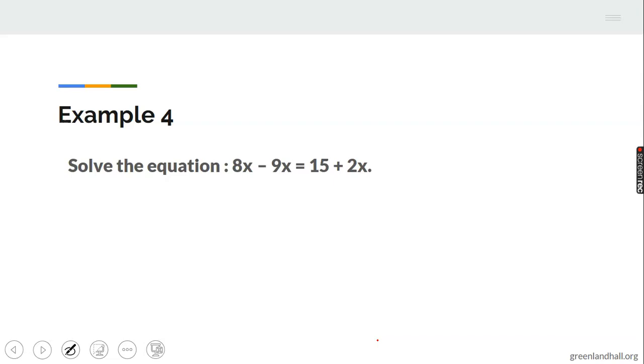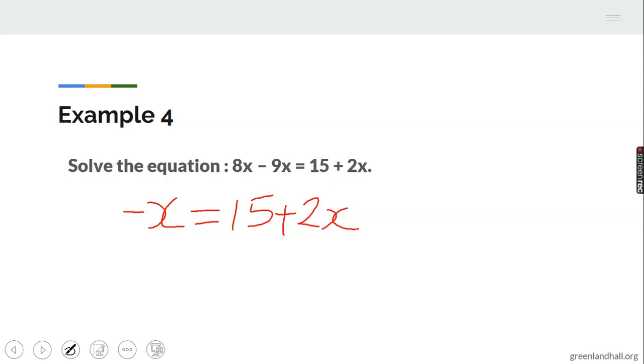Okay, now, in solving this, first, 8x minus 9x is minus x, equals 15 plus 2x. Now, you can do this either way around. Either you transfer minus x to this side, or you transfer 2x to this side.